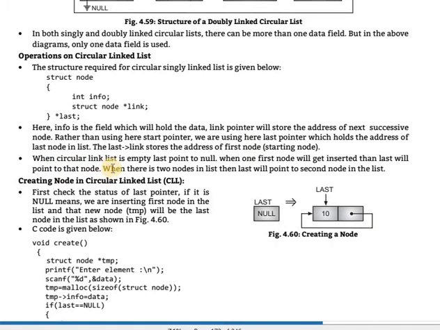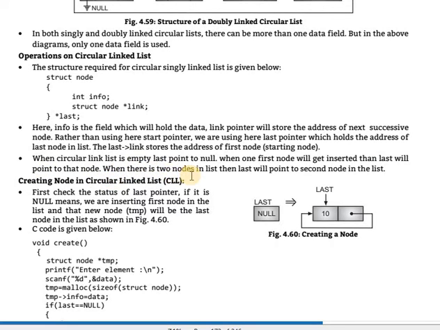When the circular linked list is empty, last points to null. Okay, when the circular linked list is empty, last points to null. When the first node is inserted, then last will point to that node.